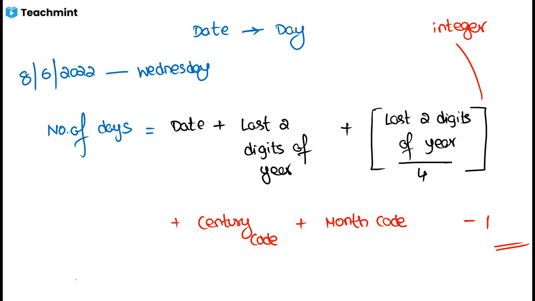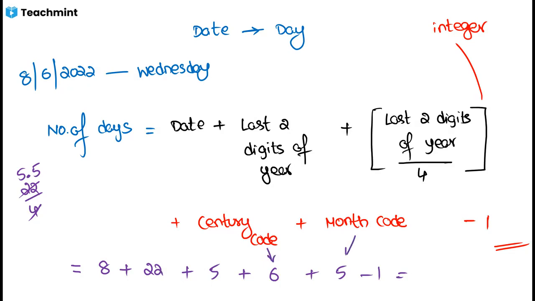For this example, the date is 8, the last two digits are 22. 22 divided by 4 is 5.5, and I want only the integer part, 5. Century code, I'll explain later. 6 is the century code. Month code also, I'll give the input on how to remember it. 5 is the month code. Minus 1 we have to do. I'll explain what the century code is.